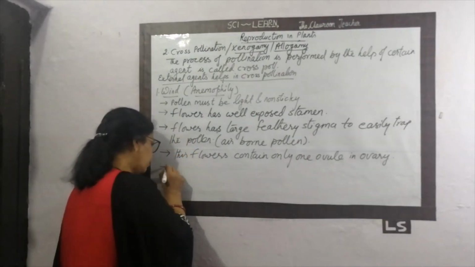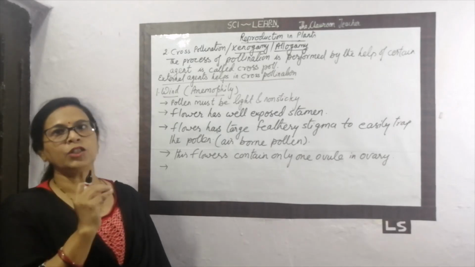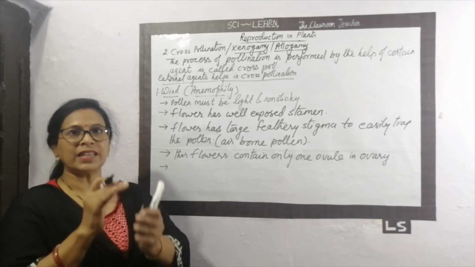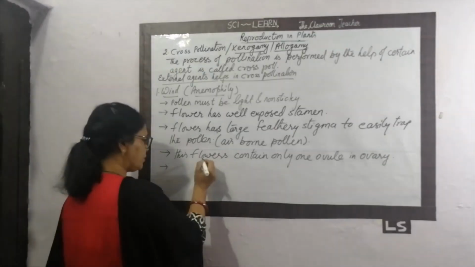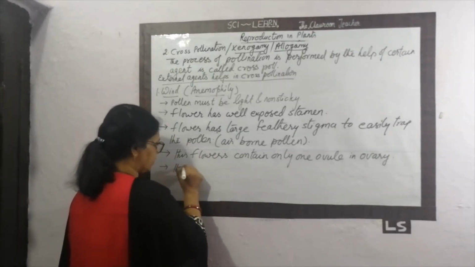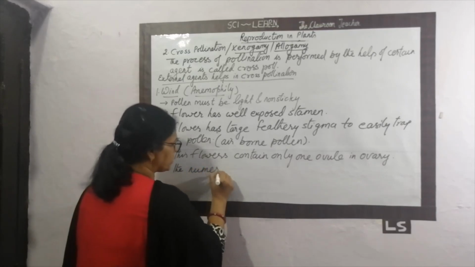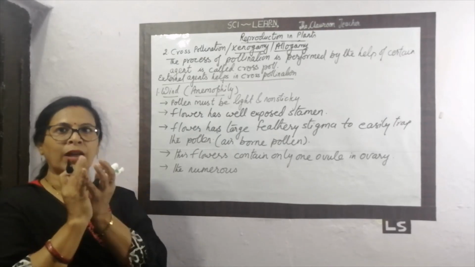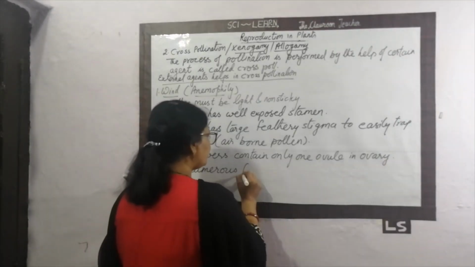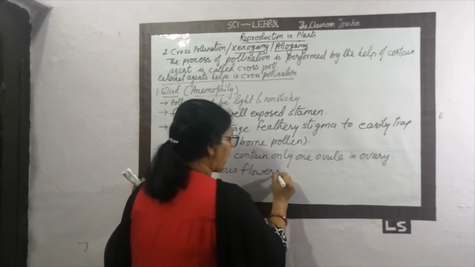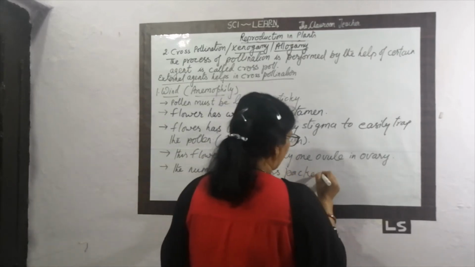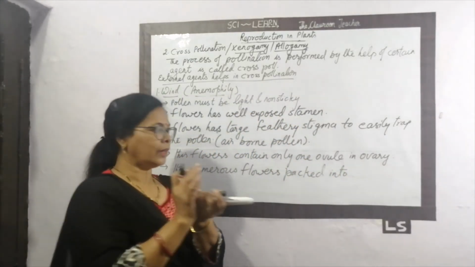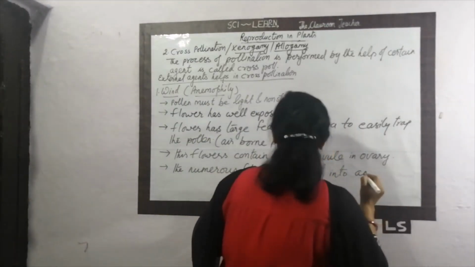It means one ovule is present in each ovary, but there are numerous flowers present there. It is actually a pack of flowers. These flowers are numerous, meaning a large number of flowers combined together, packed into one thing, that is, into an inflorescence.